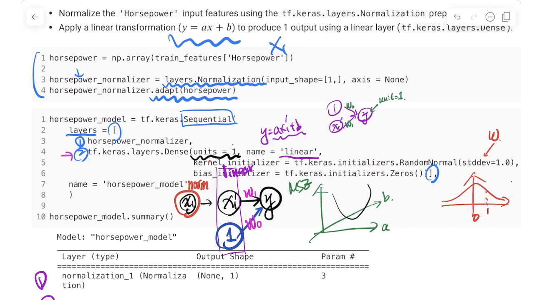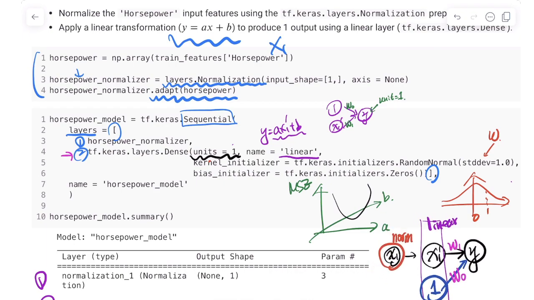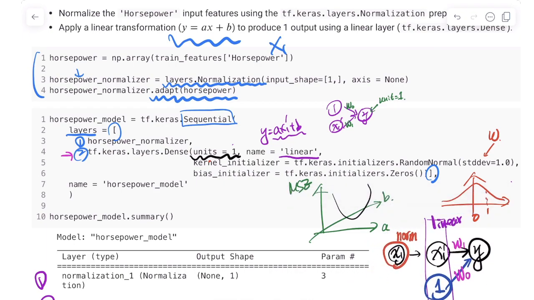So that is the structure of your network. Two additional important parameters in your dense layer are the kernel initializer and the bias initializer.